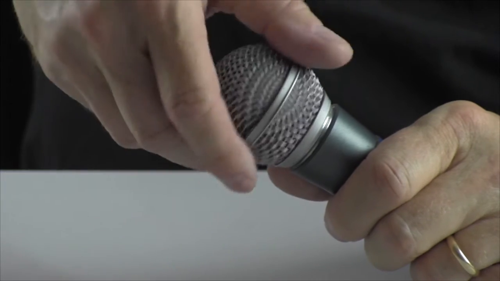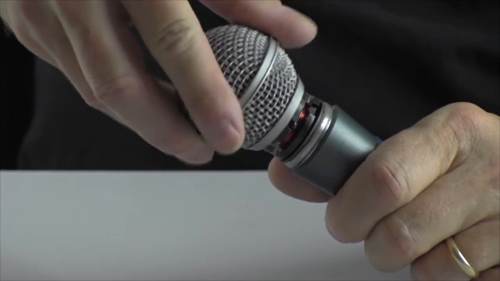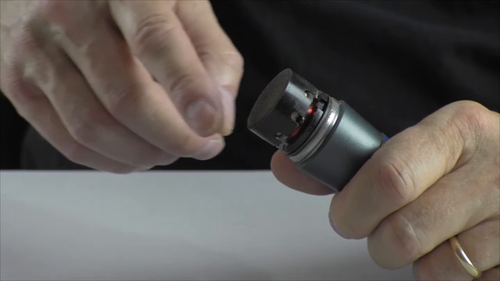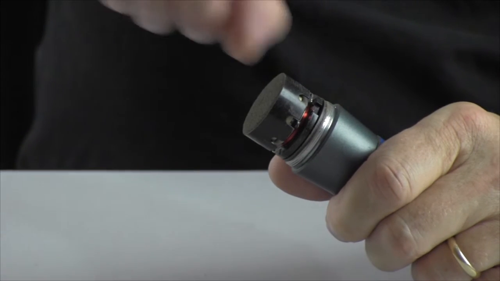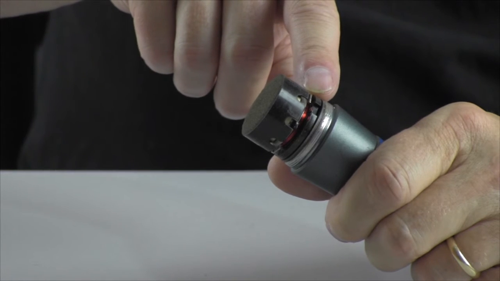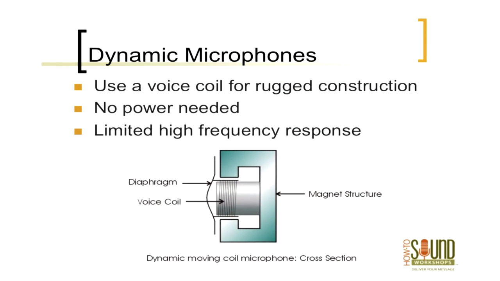A dynamic microphone looks like nothing more than a little diaphragm, a winding of wire, and a magnet. And in fact, that's all they are. They look like a baby speaker, and speakers can be used as microphones in some cases. Dynamic microphones, as you can see, have very few moving parts and no real electronics involved, which makes them very rugged.